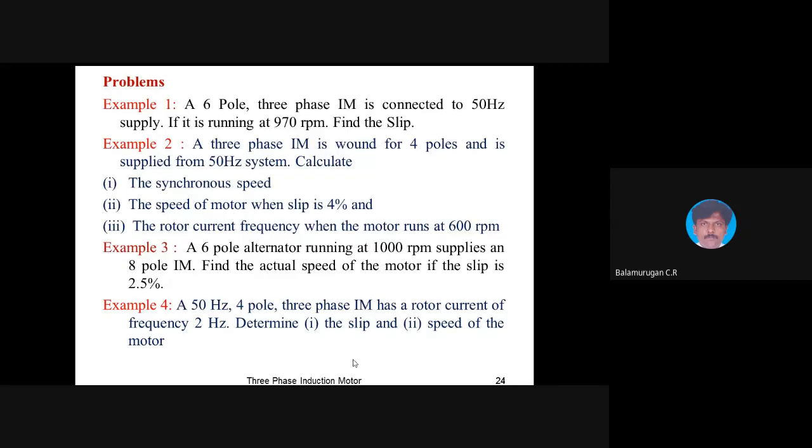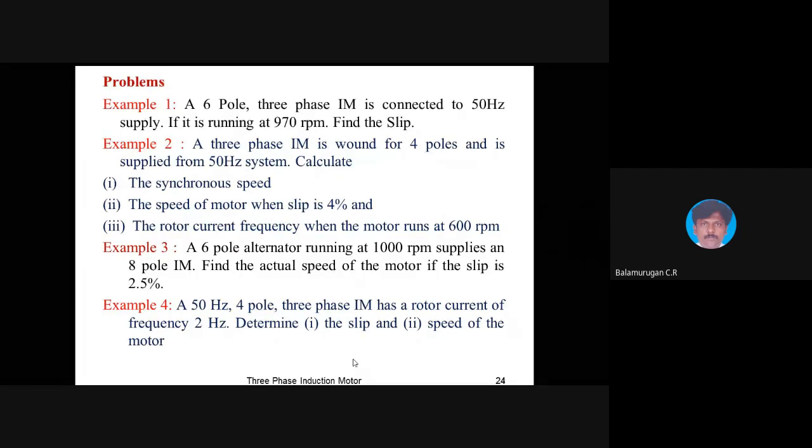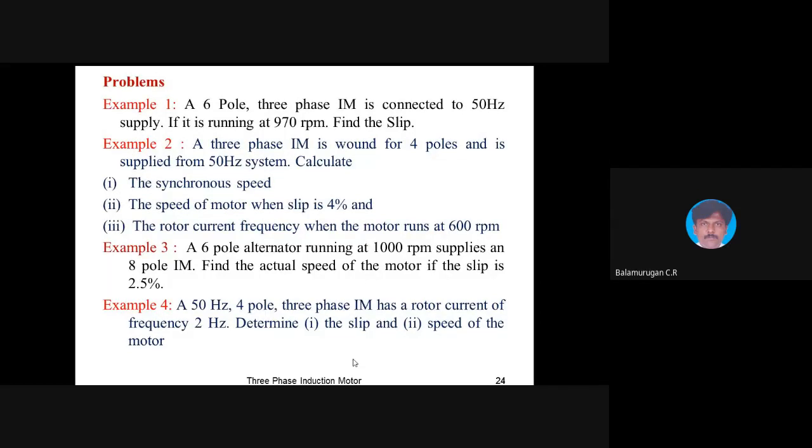So what is the Ns value? 120 f by P. If you found the answer, you can tell the answer. So what is the value for slip?